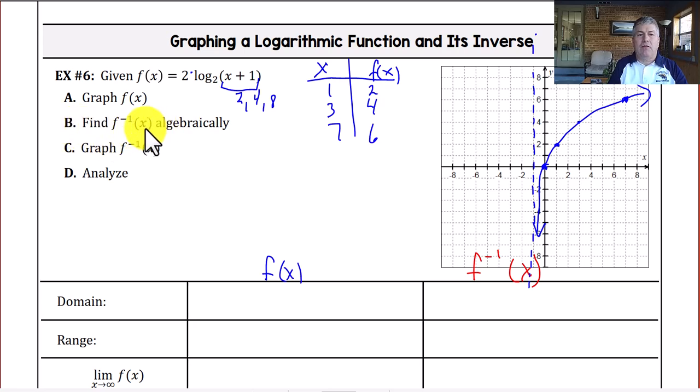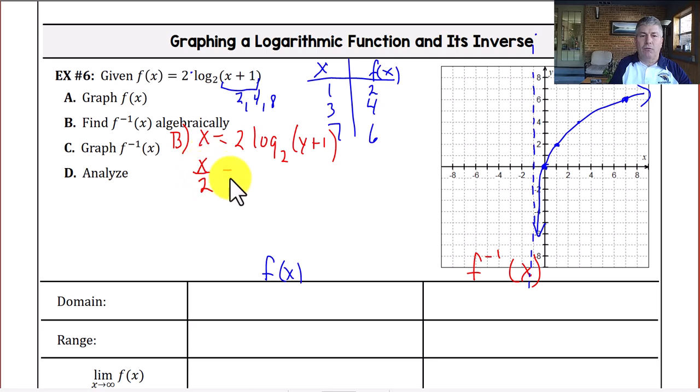In B, they ask us to find the inverse algebraically, so that means flipping our x's and y's. So I'll do the inverse in red here, and I'll flip my x's and y's and solve. So now I get x equals 2 log base 2 of y plus 1. Divide both sides by 2, which then gives me x over 2 equals log base 2 of y plus 1.